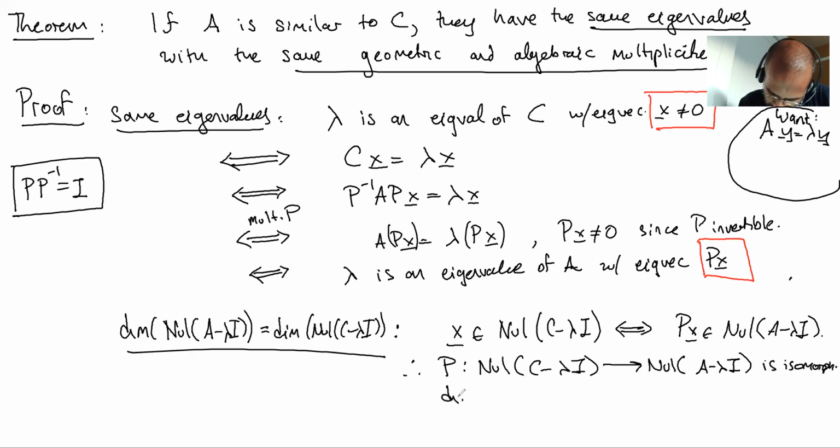If you don't like this language of isomorphism, think about it more concretely. Dimension means the size of a basis, right? So if you have a basis for the null space of C minus lambda I, you can just multiply it by P and you'll get a basis for the null space of A minus lambda I.